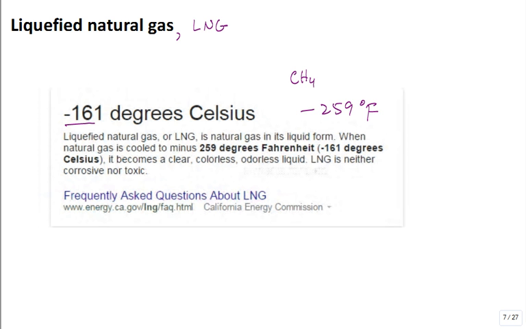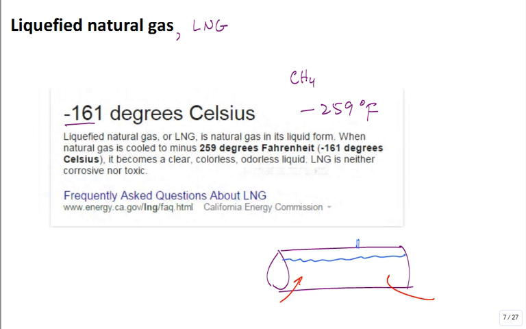So what happens is they'll have a very well insulated tank, and they'll pump in liquefied natural gas. If they didn't have a vent, if there was any heat transfer, you can't have perfect insulation, and if it's so cold and you have it outside, it's going to have some heat transfer into it.